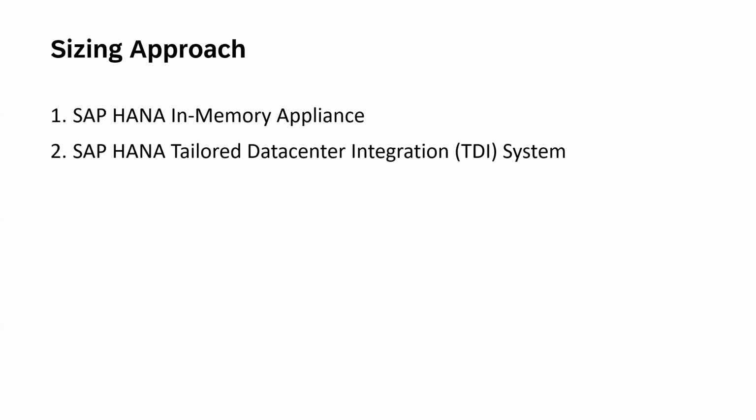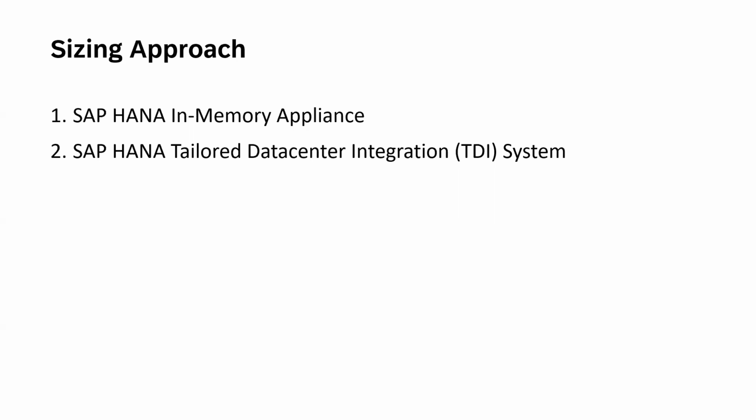But in this TDI case, the HANA database will not come pre-installed on the server. The hardware vendor, whatever hardware you select for your implementation, will only provide you blank hardware at your location. It is your responsibility to install the operating system on it and then install the HANA database.